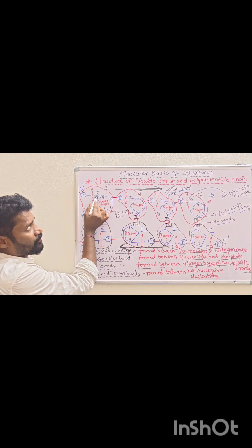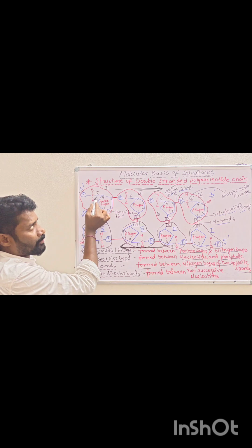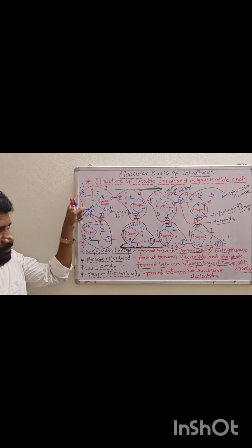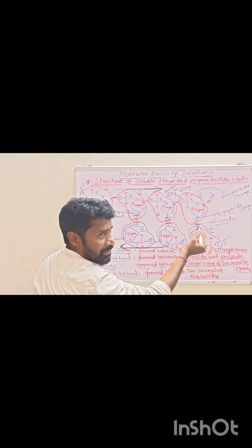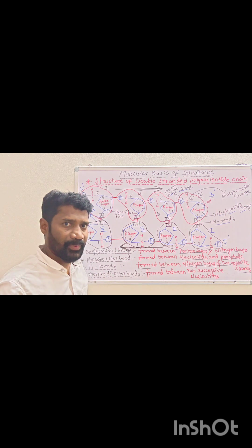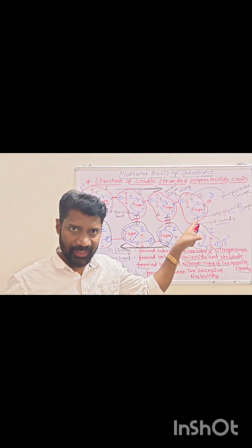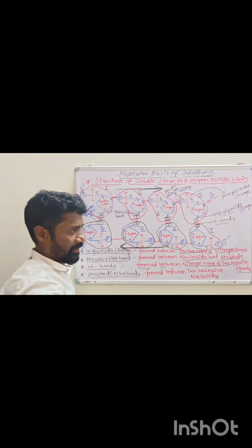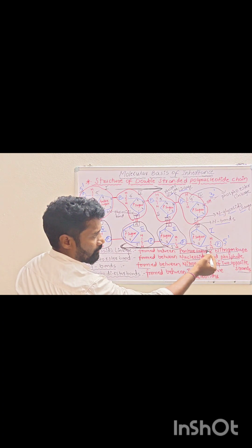Because the fifth carbon is free, not attached to any other nucleotide. That's why this end is called the fifth end or fifth prime. Similarly, suppose it is the last nucleotide. In this last nucleotide the third carbon is free, because it is the last one and there is no other nucleotide to bind with it. That's why this end is called the third end.